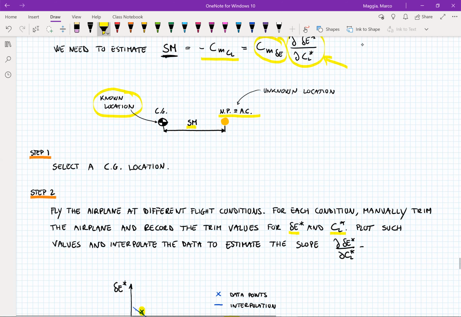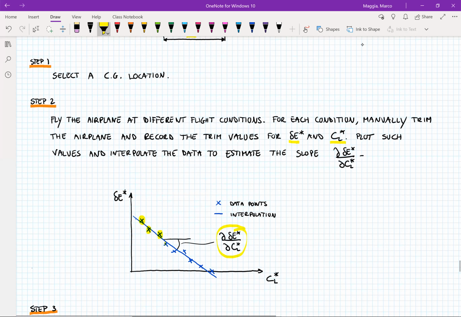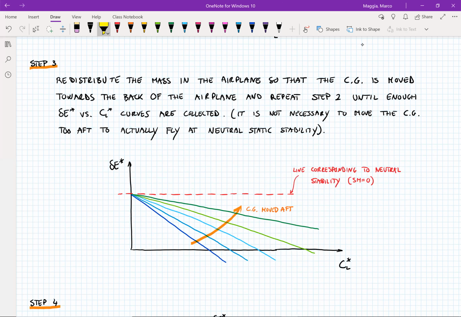That's something that we needed in order to find the static margin. But we're not done yet, because now what we're going to do is we redistribute the mass in the airplane so that we move the center of gravity a little bit aft, so towards the back of the airplane, towards the tail. So now we have a different location for the CG, and we repeat step 2. So we find a bunch of data with different flight conditions, and we find another slope of this curve. So we're going to find a bunch of curves for each location of the center of gravity.